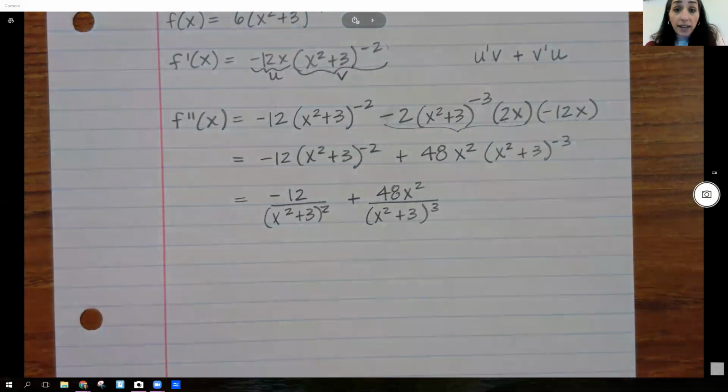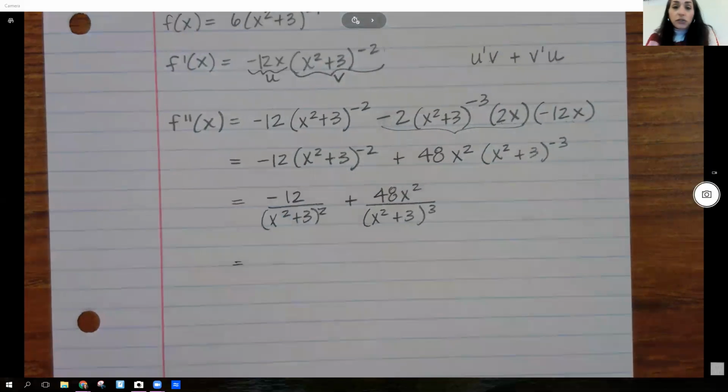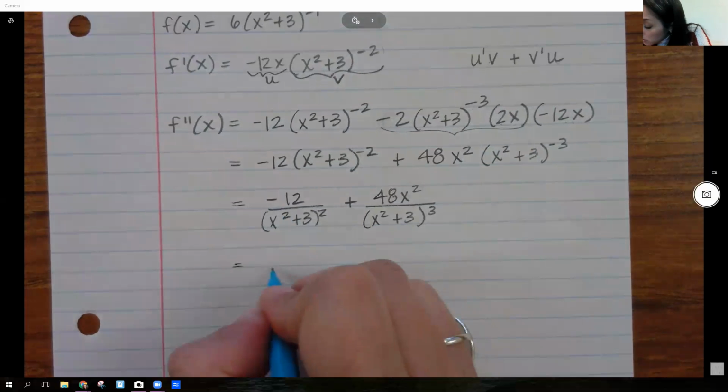So we should combine that into one fraction. So you need a common denominator, which is going to have to be the cubed one, x squared plus 3 cubed.